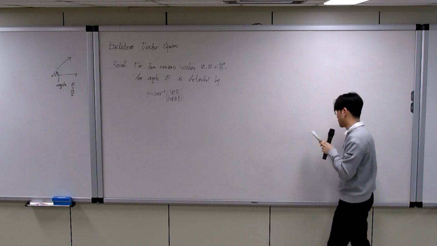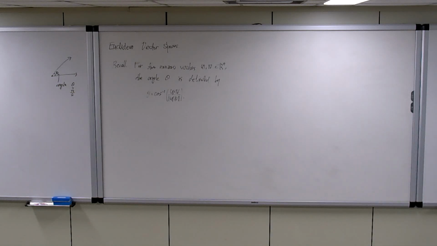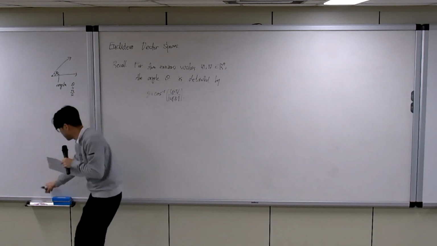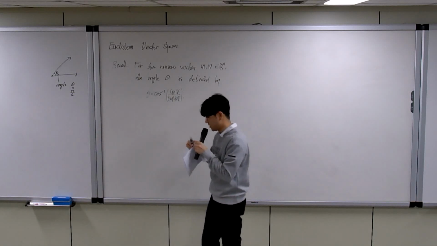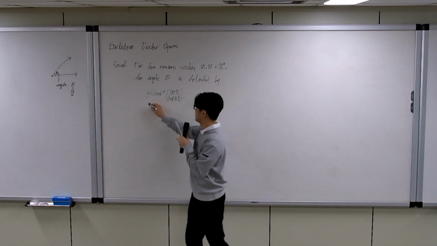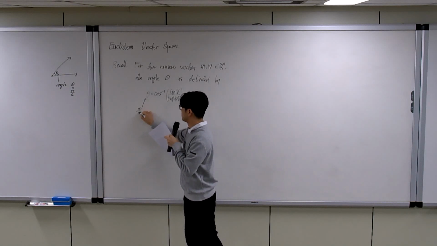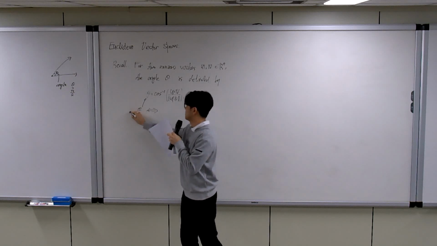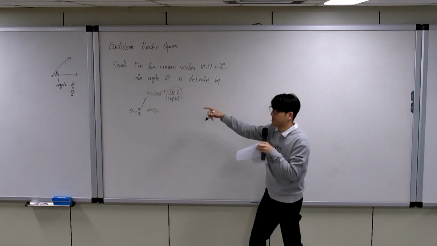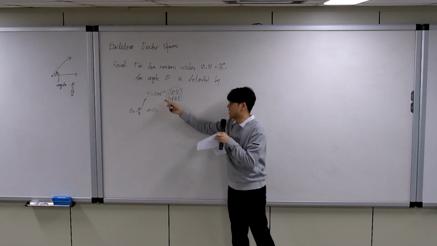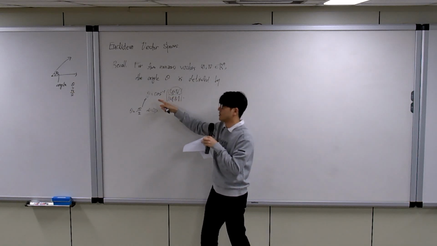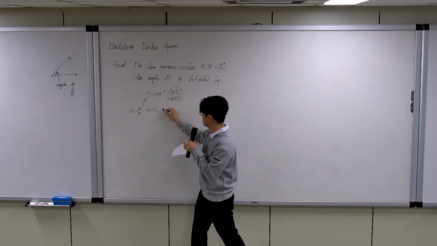And so by using this equation, we can get the angle, and if the angle is pi over 2, then the inverse of cosine of it should be inverse of cosine of 0.